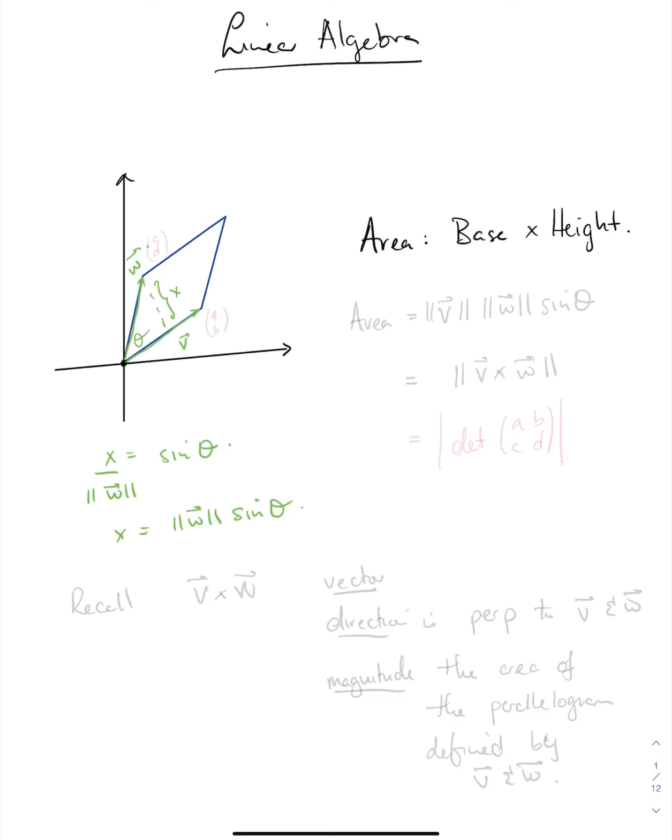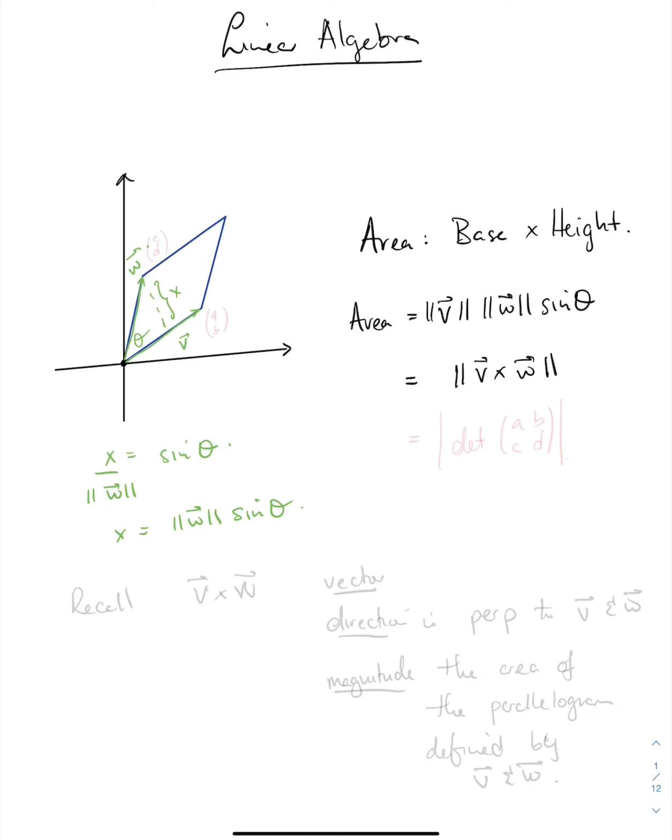What we have then is that the area of this parallelogram is going to be our base, which is the magnitude of v, times x, which is the magnitude of w times sine of theta. And this, from calculus, is, of course, the magnitude of the cross product of v and w.